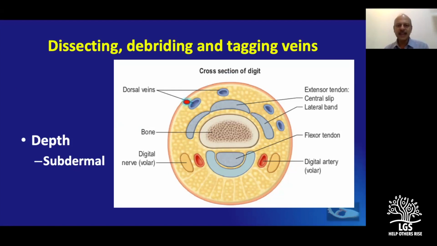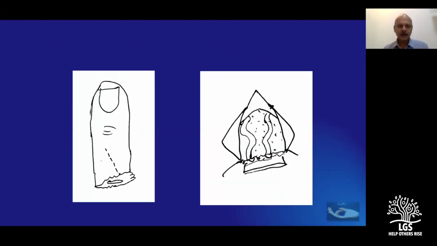It goes in that level. When you make an incision at the subdermal level and raise the flap, now supposing you made a dorsal incision like this and raise the flap on both sides, you can see the fat under the skin. These are dermal flaps which have been raised. You can see the veins over here. So these can be dissected and made ready for anastomosis.